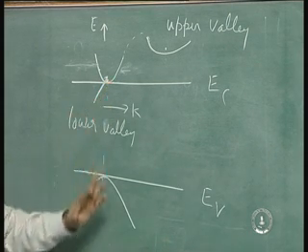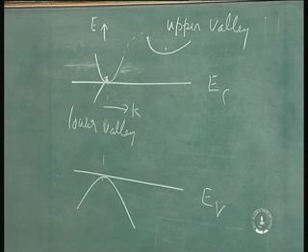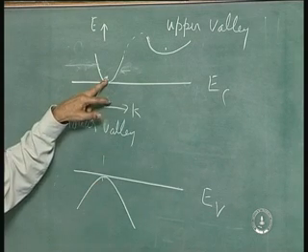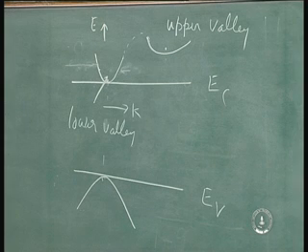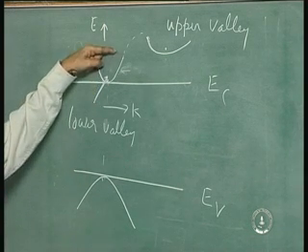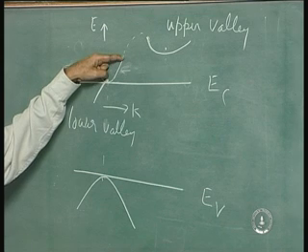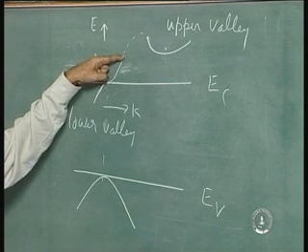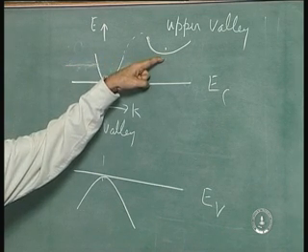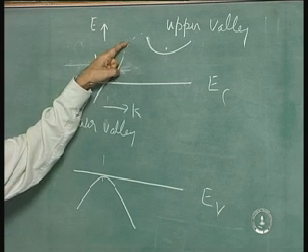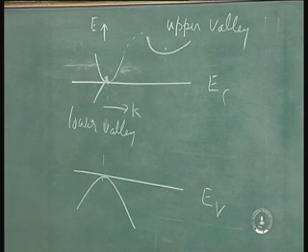So, what happens is, as you subject the electron to the electric field, its velocity keeps on increasing because it gains energy. And once it gains enough energy up to this point, it crosses onto this valley, because it does not go up here, because the electron always has the tendency to occupy the lowest energy level permissible.